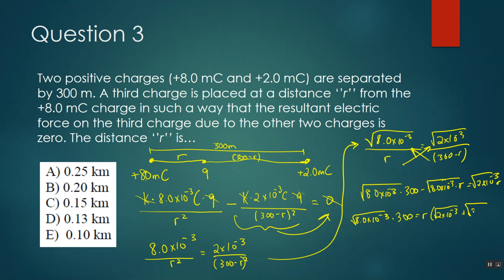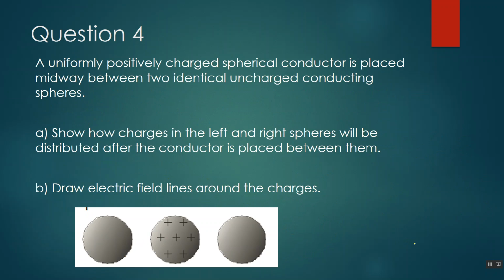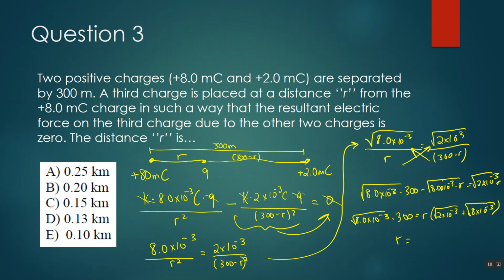And then I divide both sides by that so I can solve for r. And I know this from the other classes because I've done this 3 times already. The answer here is 200 meters.